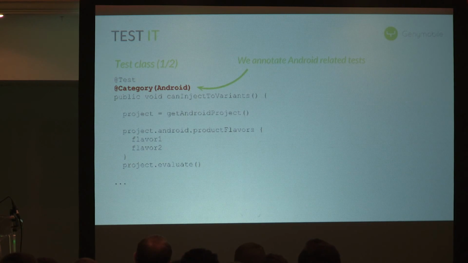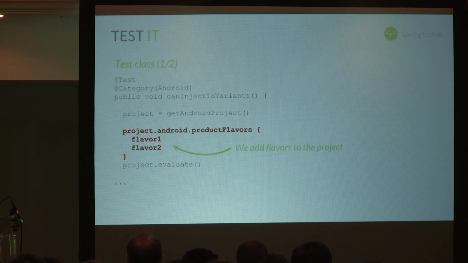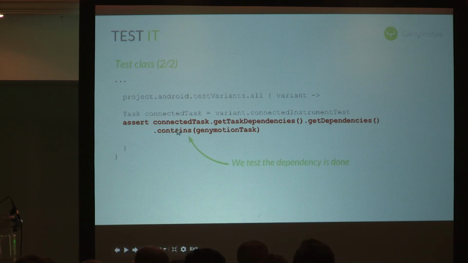So now we are all set to start developing our tests. I personally use categories to categorize all the Android plugin related tests, so we can run only them when we want. What we are doing, for example, is creating product flavors, then we evaluate, you see that? And then we test that our dependencies are correctly injected.